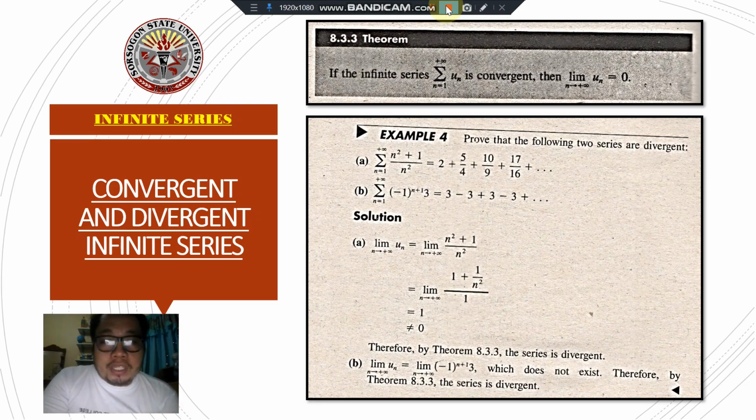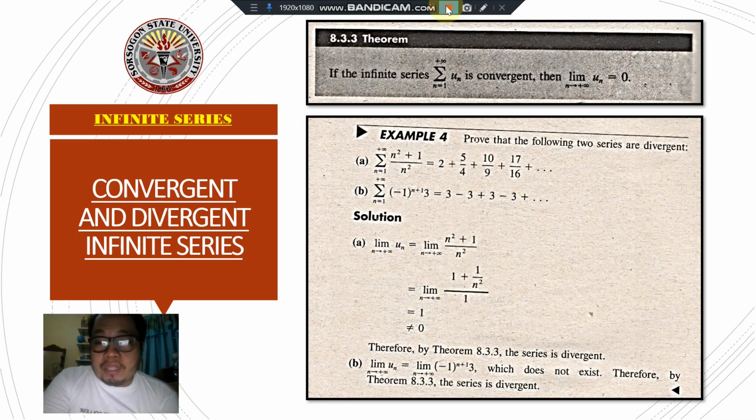Now for the solution, for us to prove that the following series are divergent, we need to determine the limit of u sub n where n approaches positive infinity. So we will use the theorem to prove that these series are divergent.